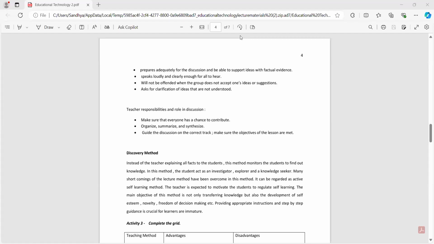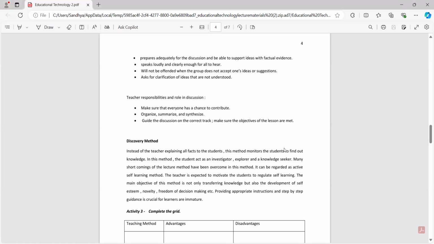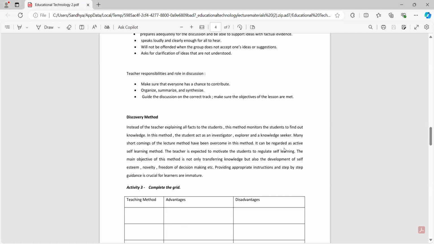Then we go to discovery method. Instead of the teacher explaining all the facts, the method monitors the students to find out knowledge. In this method, the student acts as an investigator, explorer, knowledge seeker.